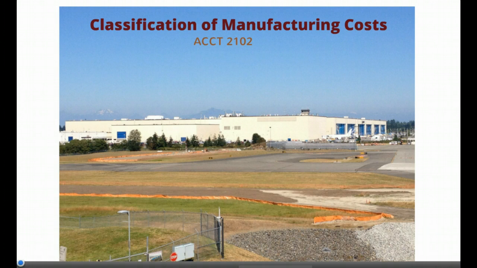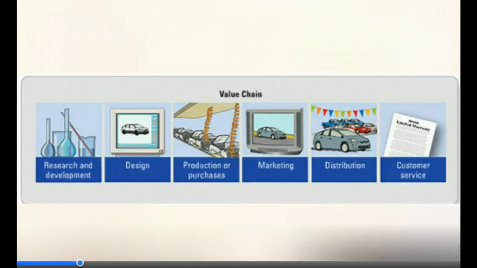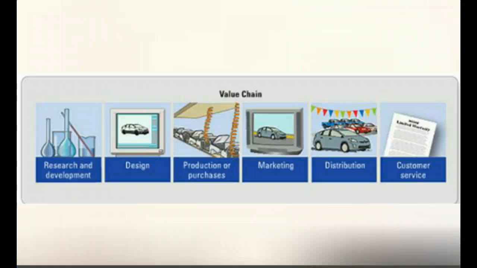And we start talking about costs by looking at the value chain. The value chain classifies costs that a firm faces in one of 6 different activities. We have research and development, design, purchase and production, marketing, distribution, and customer service.